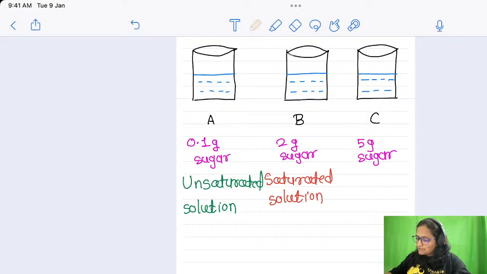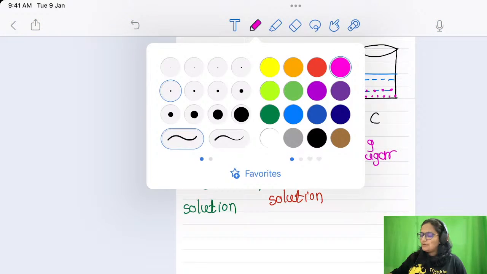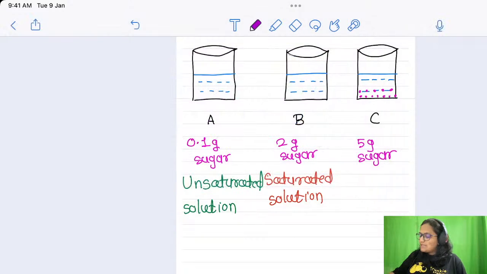Those extra molecules of sugar will get deposited here, at the bottom. Just like when we are making a sugar solution, if we add extra sugar, then the sugar crystals will remain at the bottom, and then we add some water and it gets dissolved, right? Okay. Now, in case of the last type, this is called as the supersaturated solution.